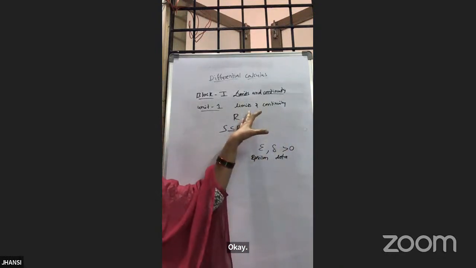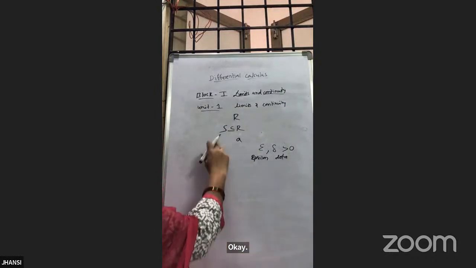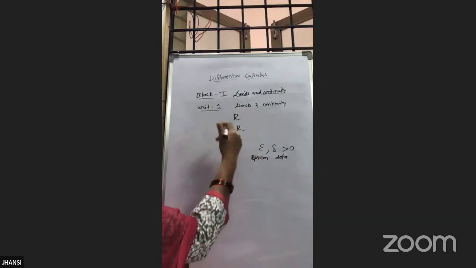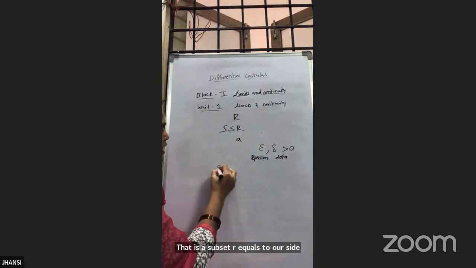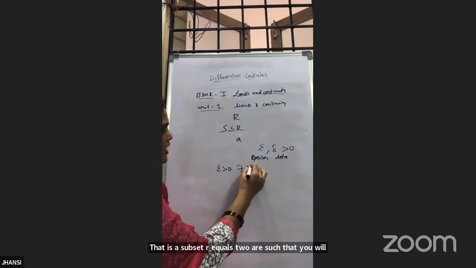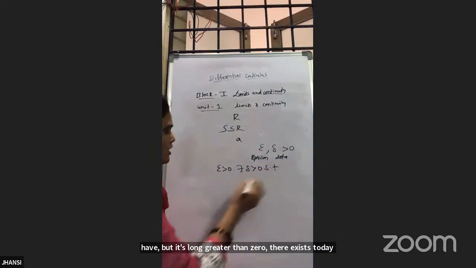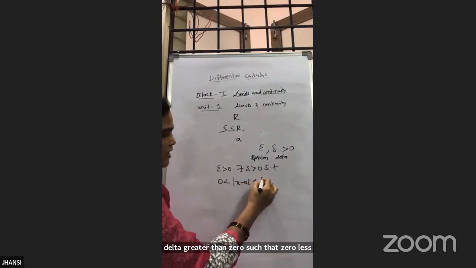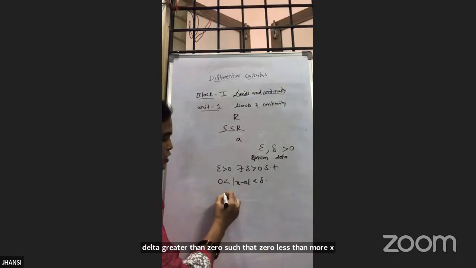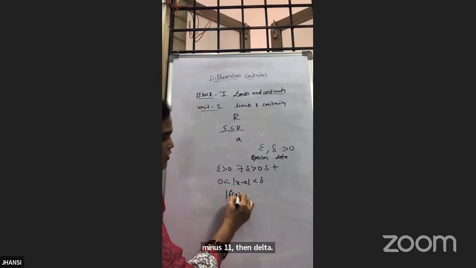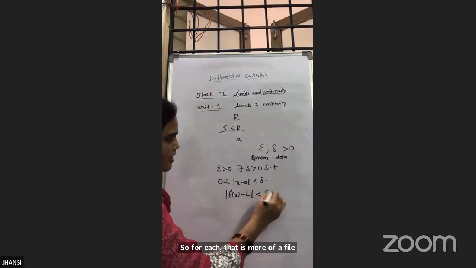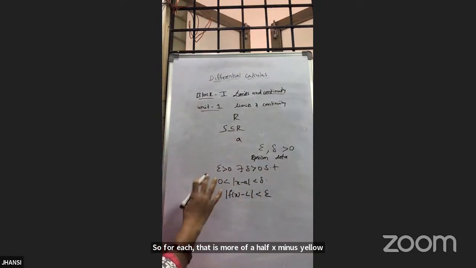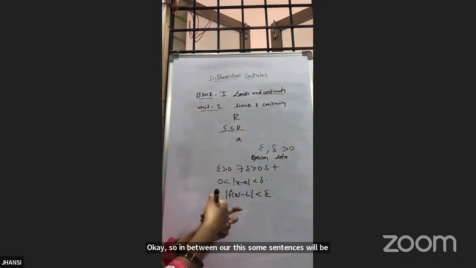They are included in the definition of the limit, that is, S is a subset of R, such that for epsilon greater than 0, there exists delta greater than 0, such that 0 less than mod x minus a less than delta implies mod of f of x minus L is less than epsilon. In between, some sentences will be there that you have in the textbook.